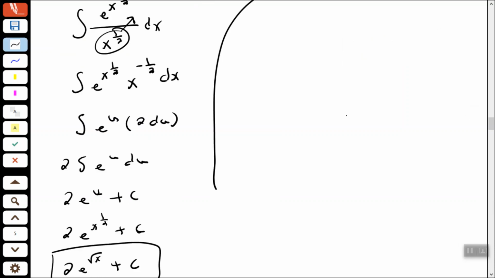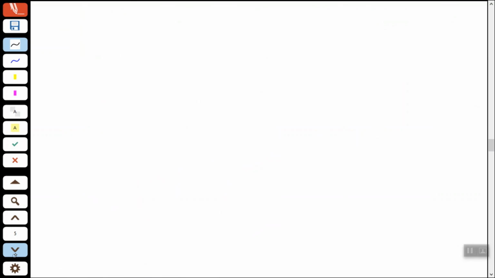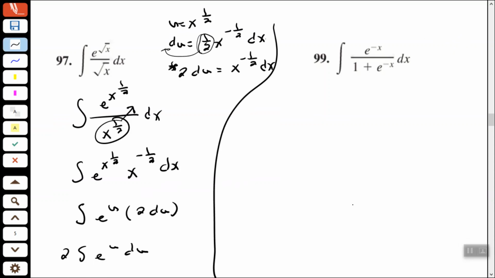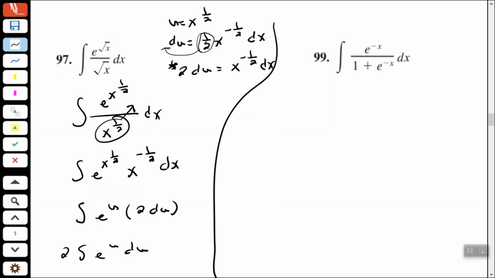All right, so next plan, we still are going to try to use the u du substitution, but let's let u equal the more complex part of this function. Let's let u equal 1 plus e to the negative x and see if we can get something out of that. So u equals 1 plus e to the negative x.